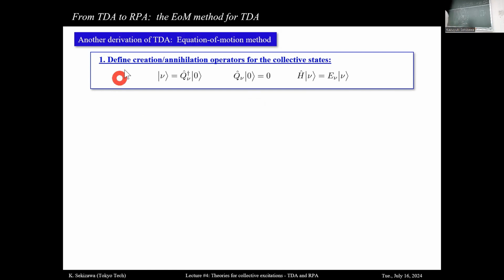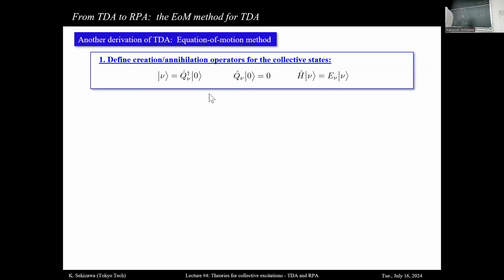Now, in this equation of motion method, we define creation and annihilation operators for the collective states. So the starting point is somewhat different. We consider an annihilation and creation operator for the collective states.